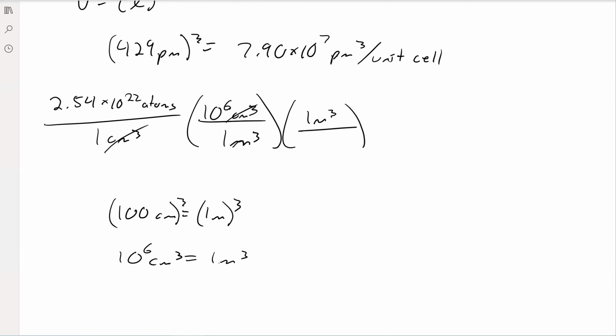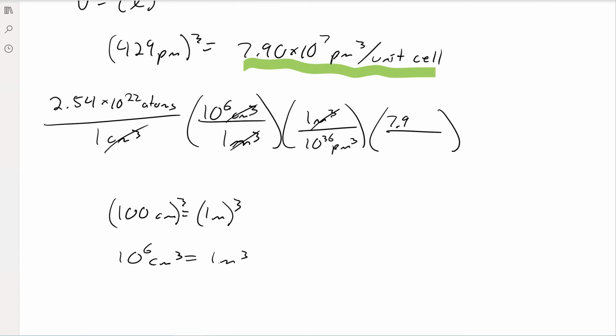So for every 1 meter cubed, we have to take our 10 to the 12th and cube that. You'll get 10 to the 36 picometers cubed. And now that we're at picometers, we can use our new conversion unit that we found, right? For every 7.90 times 10 to the 7 picometers cubed, you have 1 unit cell.